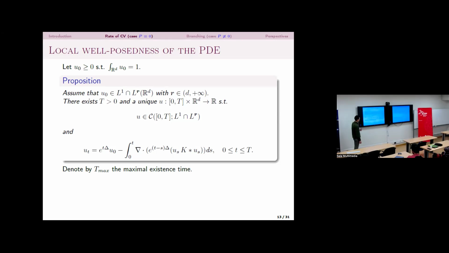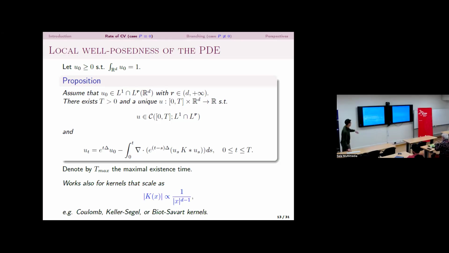So this result only tells you local well-posedness. So I will talk about the maximal existence time. It may well be that this maximal existence time is plus infinity, but a priori, I don't know. It might be finite. In fact, this is quite a general result. It works for a lot of kernels. It doesn't have to be Keller-Segel, but whatever.